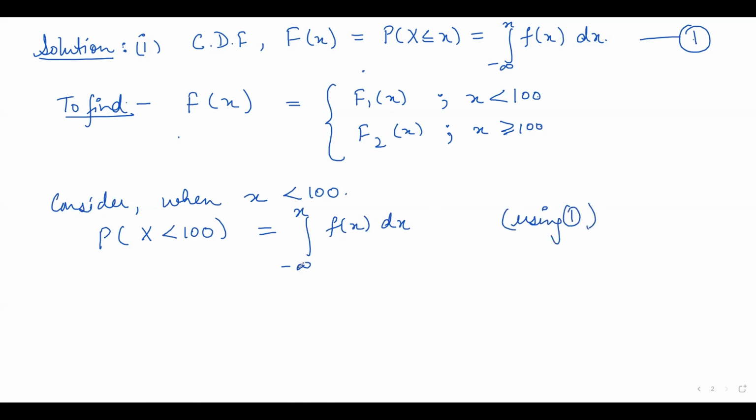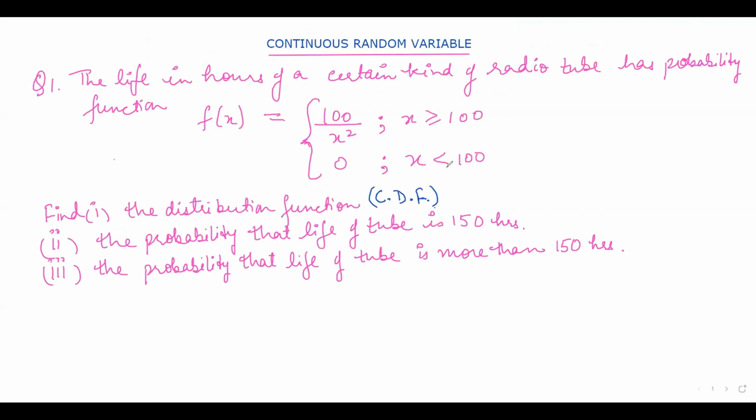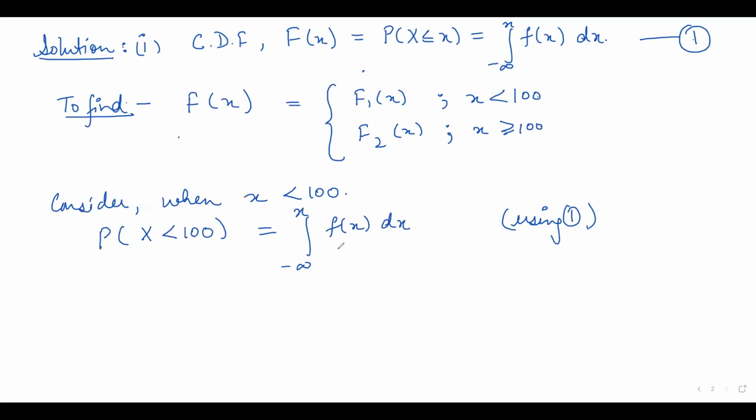Now, what is this? From minus infinity to x, x is less than 100. So when we are talking about less than 100, we know that the function value is 0. So automatically, this would become 0.